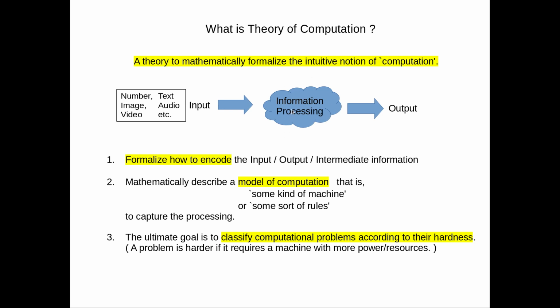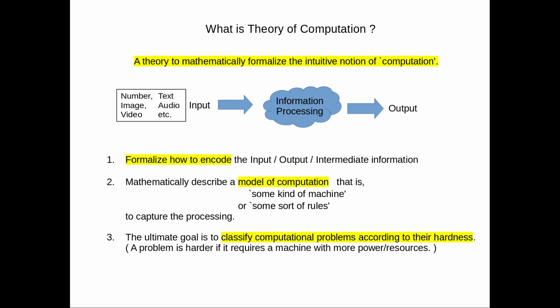Now these are all fine, but what is the big picture? If you look at other branches of mathematics, almost always the final question is a classification problem. If you look at group theory, the most important question is to classify, say, finite simple groups.